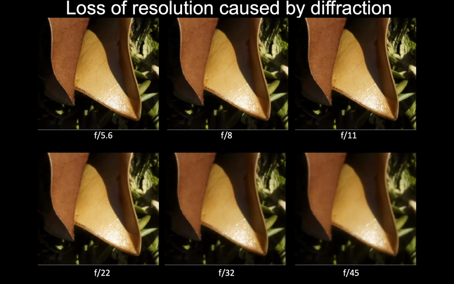The image is fairly sharp on the top left, and it's fine at f8, f11, f22, but come f32 and particularly f45, which most lenses don't go up that high, so maybe that's not the best number to have there, you start getting a softer image because you're getting a less perfect circle.